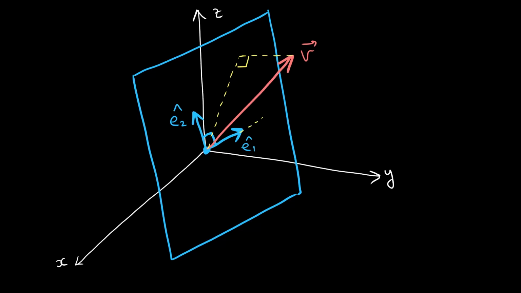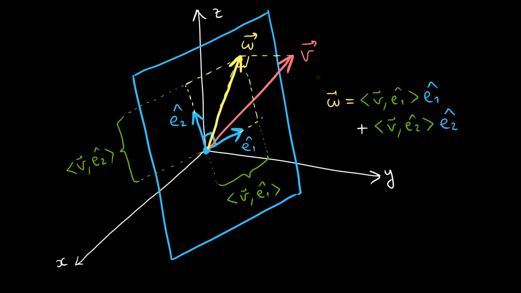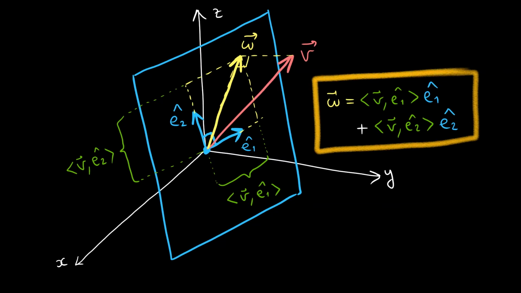This vector will have a projection into the plane, which we call W. This projection vector W is given by moving along the e1 direction by an amount equal to the inner product between V and e1, and then moving along the e2 direction by an amount given by the inner product between V and e2. Writing this explicitly, we have that W equals the inner product of V and e1 in the direction e1 plus the inner product of V and e2 in the direction e2. As you can see, this is extremely simple, and it works thanks to the fact that the vectors e1 and e2 are orthonormal.